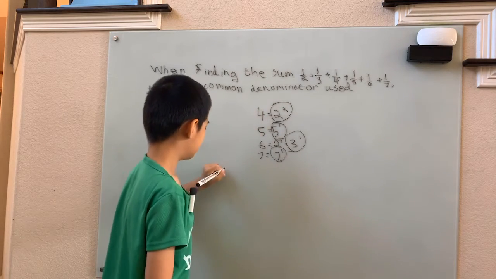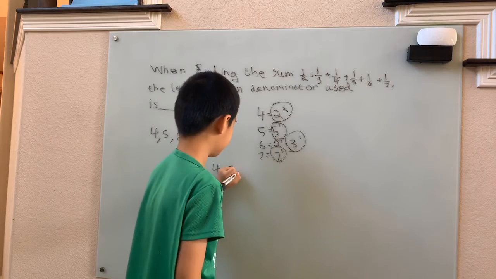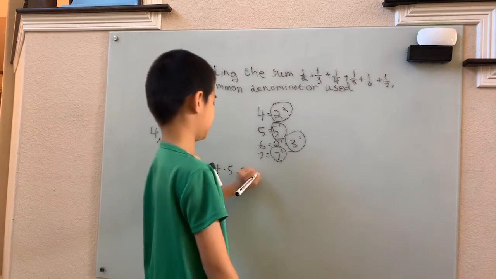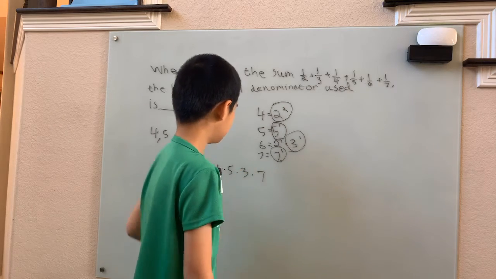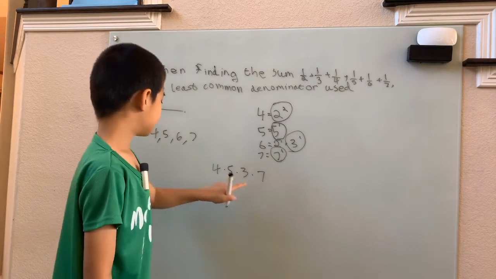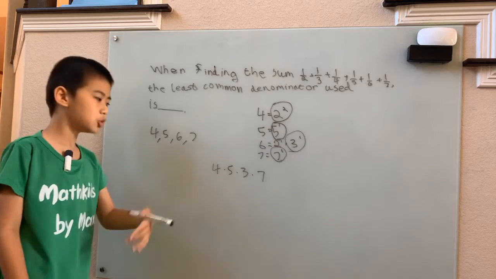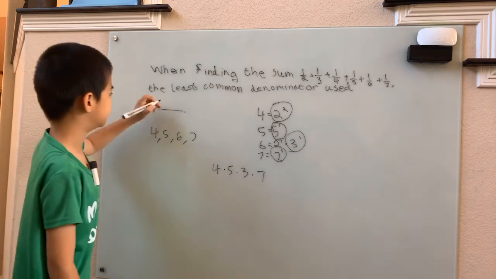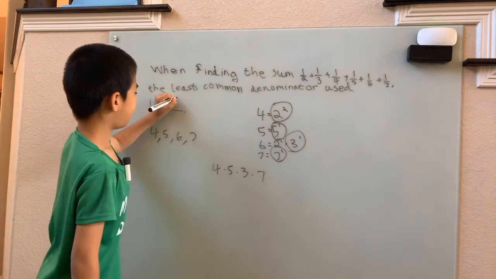And 4 times 5 to the first, which is 5, times 3 to the first, which is 3, times 7 to the first, which is 7. And 4 times 5 is 20. 3 times 7 is 21. 20 times 21 is 420.